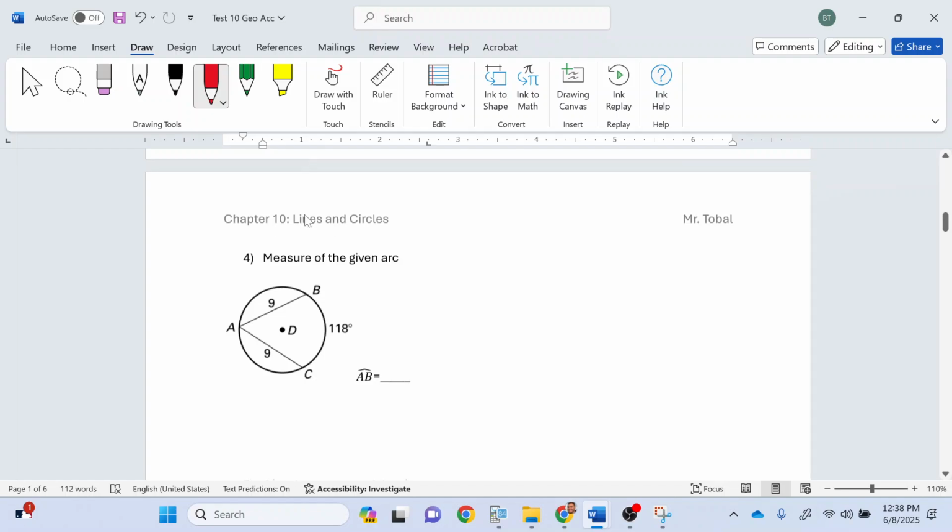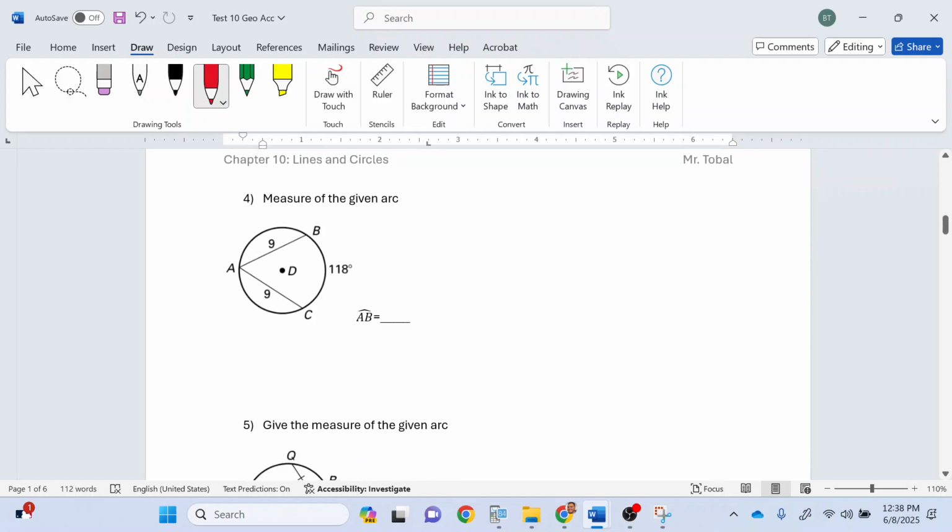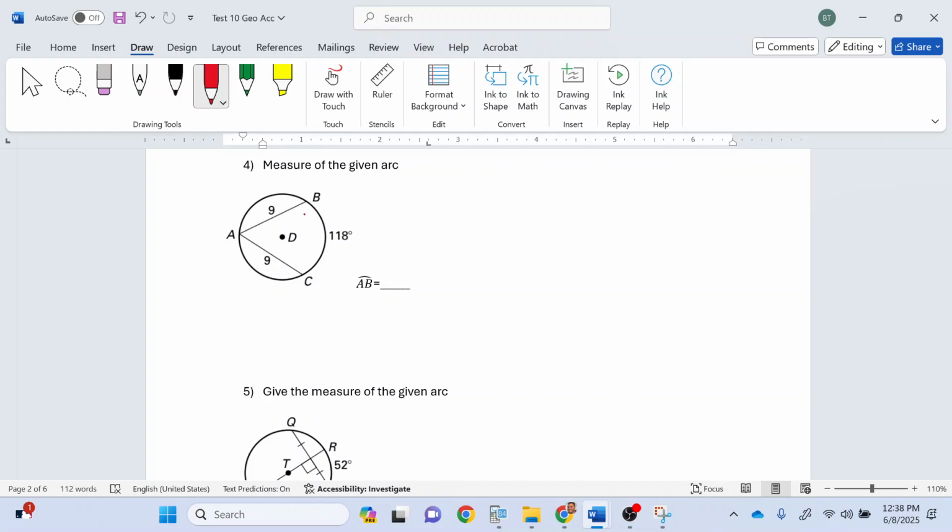Cool. All right, next part. Find the measure of the given arc. I want to find AB. So I know because these lines are equal, these arcs have to be the same. It has no relationship to 9, just the fact that they're equal to each other is what I could guarantee. Now I know every full circle is 360.